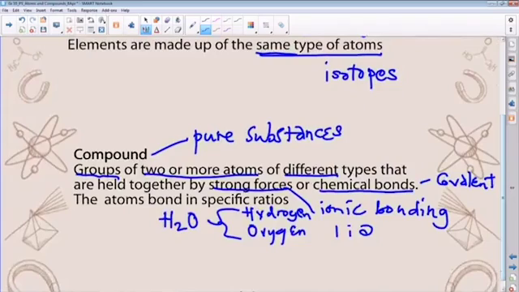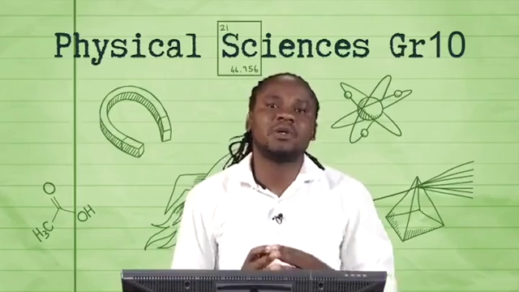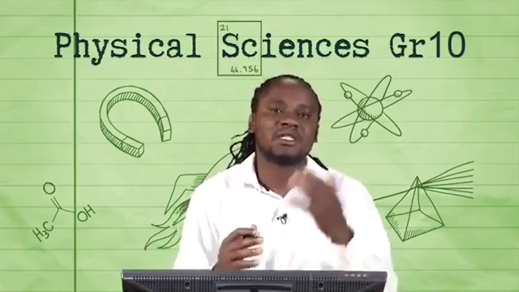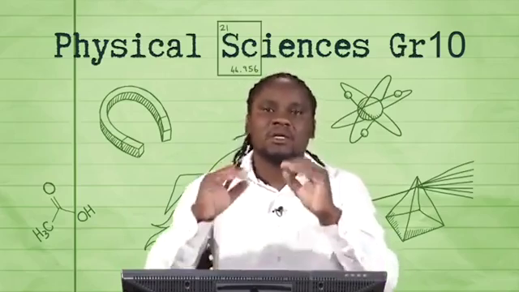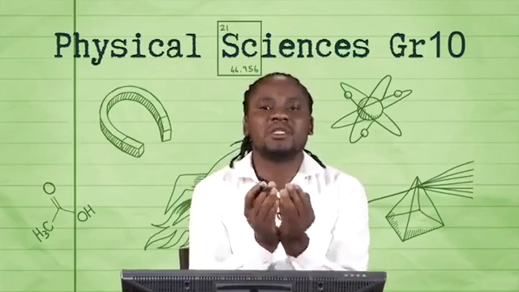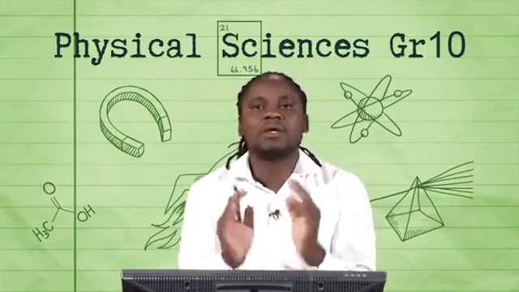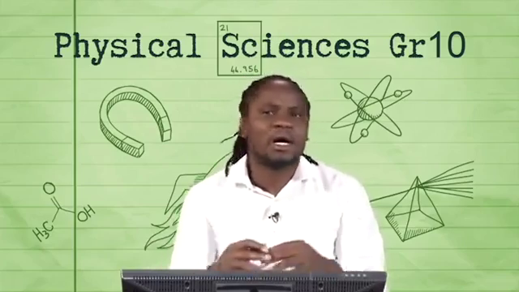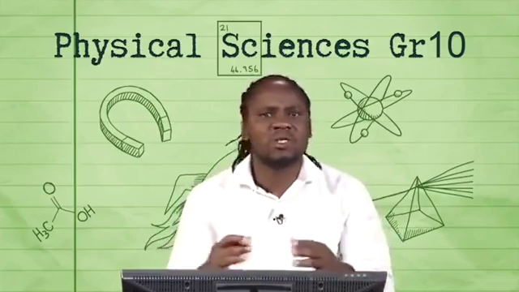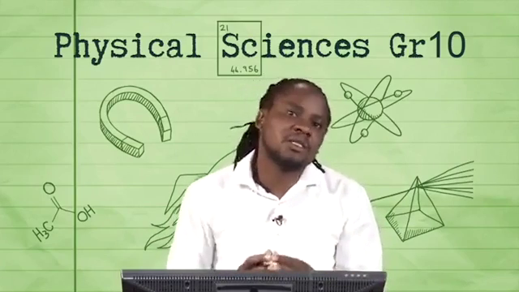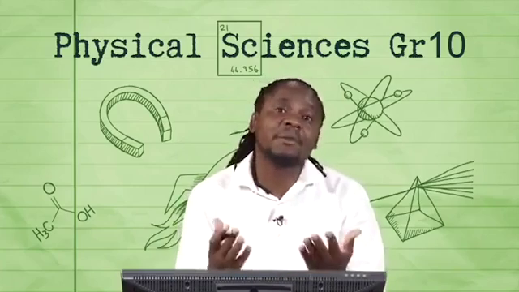So having said that, it's very important for us to also realize that as far as elements are concerned, these atoms of the same kind that make up these substances are indivisible. We cannot break them down into a simpler form. We gave examples of calcium, hydrogen, gold. Any element that you find in the periodic table is a perfect example of what an element is all about.